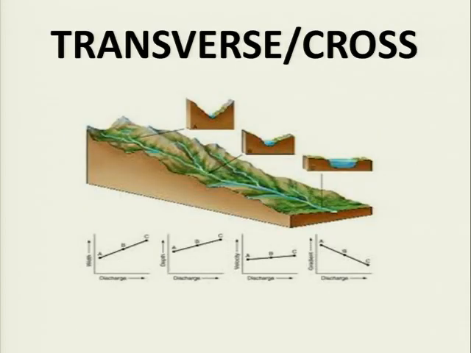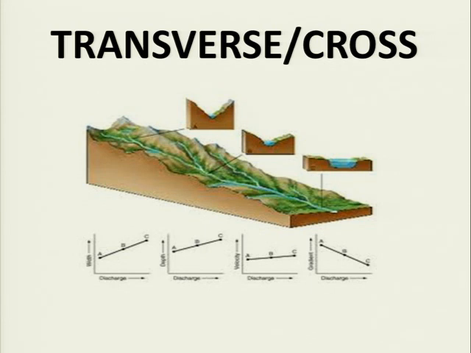The transverse profile, guys, is if I climb into the river, I cut it across, I lift it up, so I can see from one side of the river to the other side. Remember, longitudinal is from source to mouth. Transverse or cross profile is when I get into it and I see the one side of the river and the other side of the river.